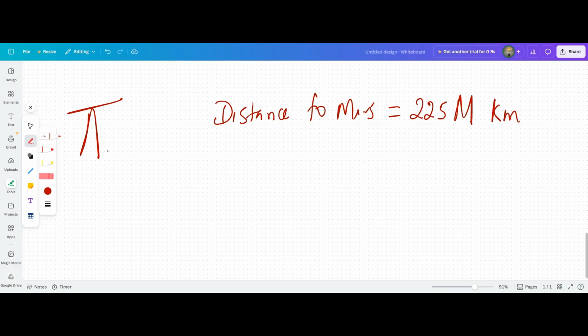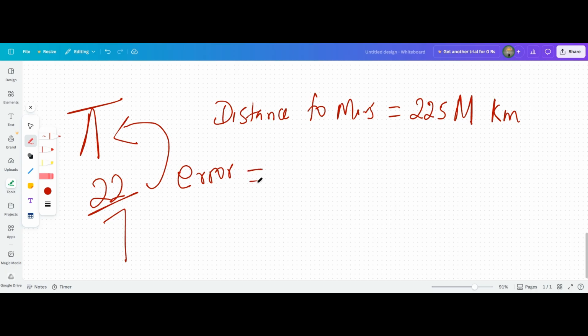If you take 22 by 7 instead of pi, the difference between those two values is small, I agree, but how much is it? 0.0012, and it goes on, but let's keep it as 0.0012. So there is still a difference between these two values.